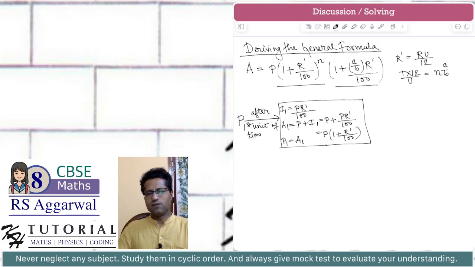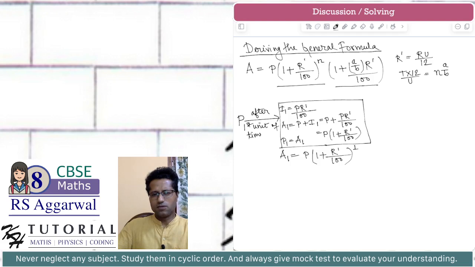So if n is 1, then the amount A will be A1, which is equal to P into 1 plus R dash by 100. When there is no power, I can always assume that power to be 1.